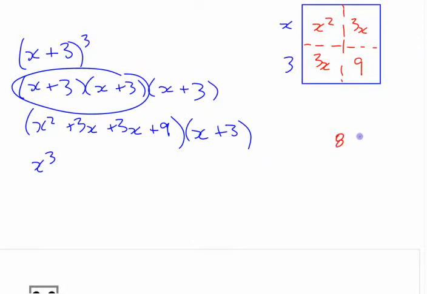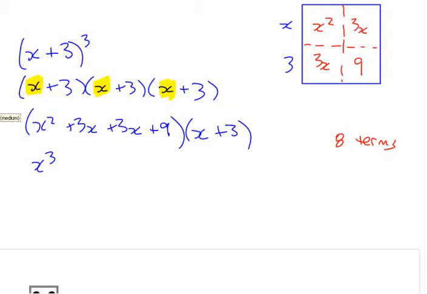Let's just agree there's going to be 8 terms here. Each term is going to come from one pairing of each of these things, right? x cubed comes from doing the x times the x times the x. What would the very last term, if I did this in an organized way, be? It would be 27, right? Where would that come from? 3 times 3 times 3, right?